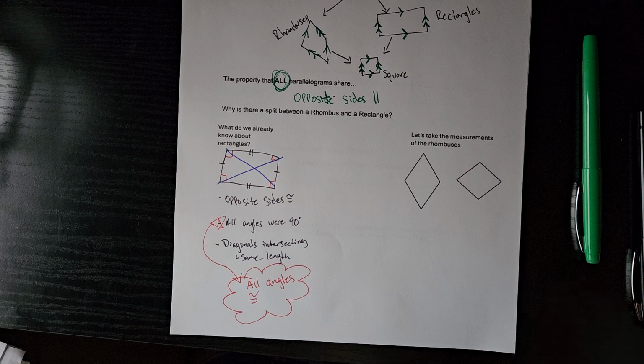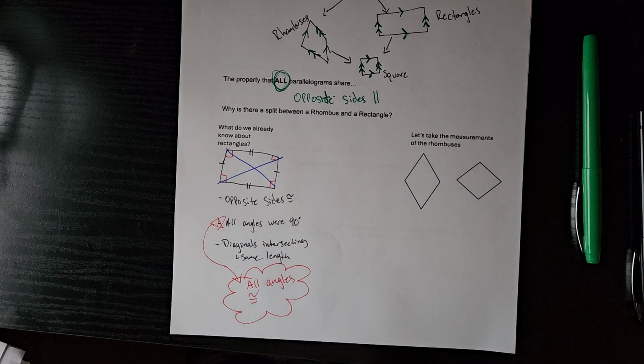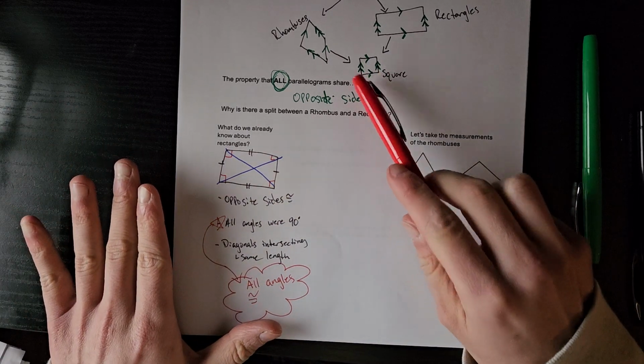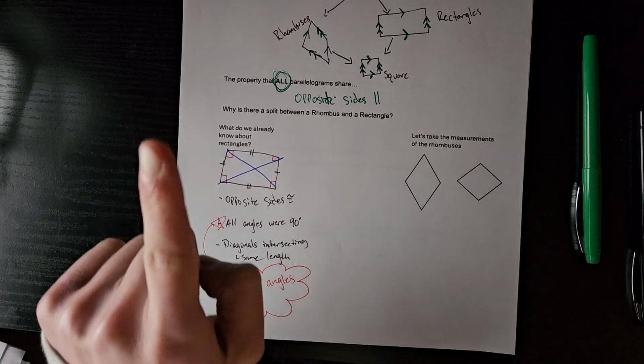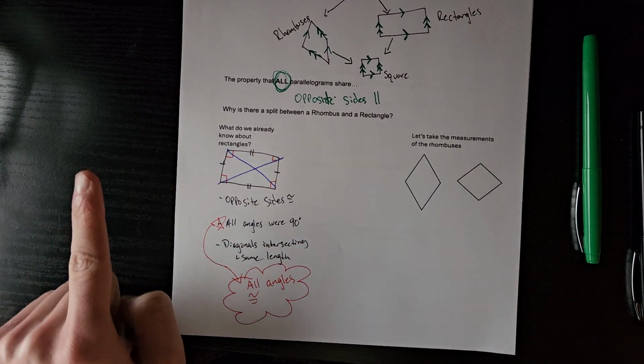So that's the defining trait of the rectangle. If we have a shape that has all angles congruent with each other, then it's going to be a rectangle. I know what you're thinking already, and you're looking at this little box right here, but we're not going to talk about the box right now. We will wait on the square.